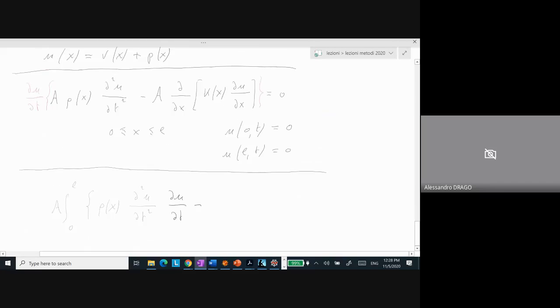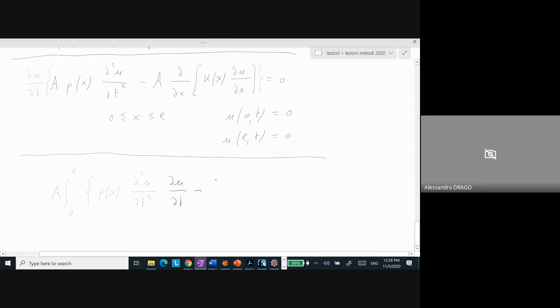Minus, so this was the first object, minus the second object, which is the derivative with respect to x of k of x du over dx, and here we have du over dt, and this has to be equal to 0. Integrating dx, this has to be equal to 0.